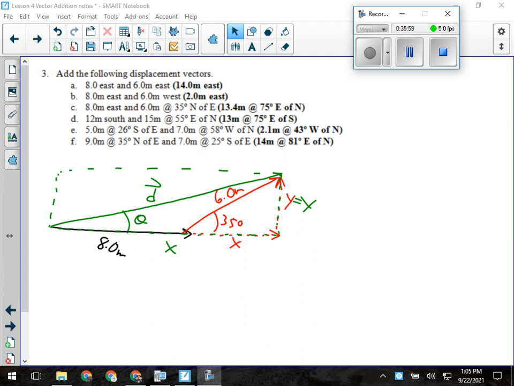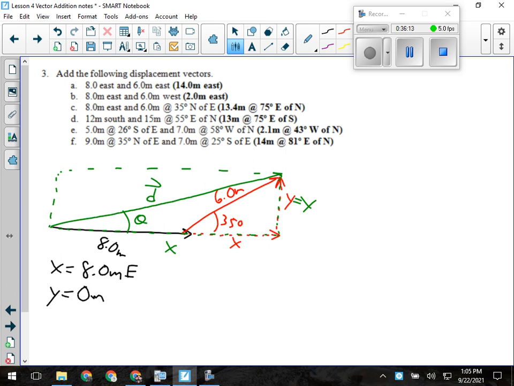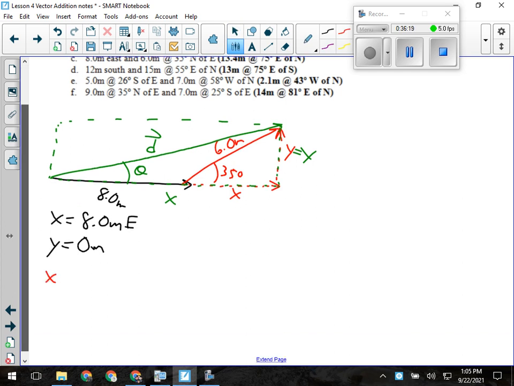Okay, so let's walk through the rest of this one here. We're finding all our x's and all of our y's. The x for the black vector is 8.0 meters east, because it goes due east, which means the y component is 0, right, because it doesn't go north or south. Then we have our red vectors. Red x is the adjacent side, so it'll be the cos of 35 times 6.0.